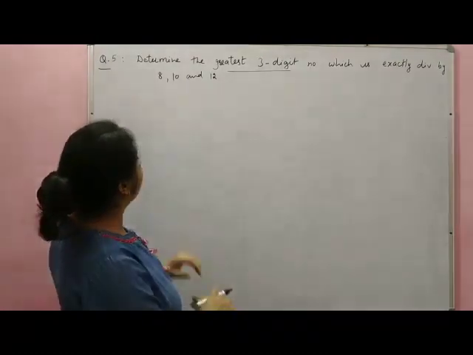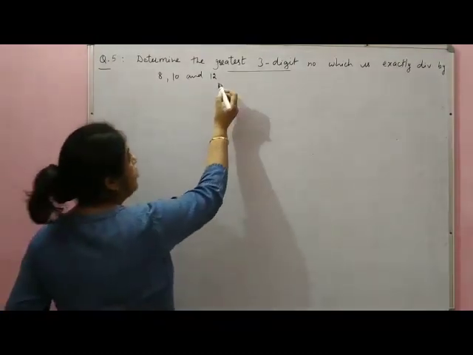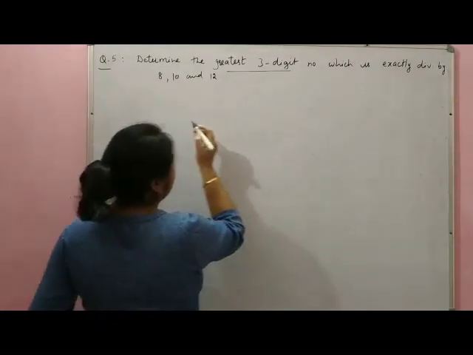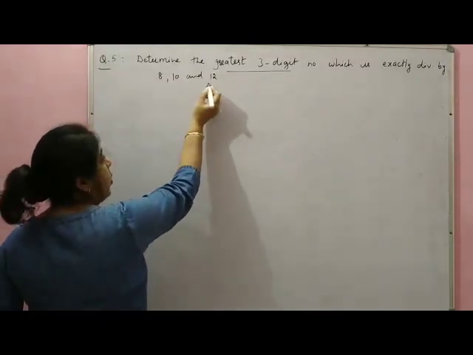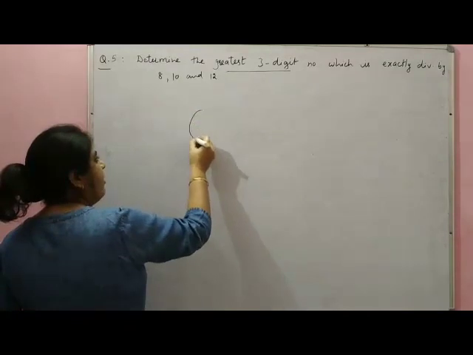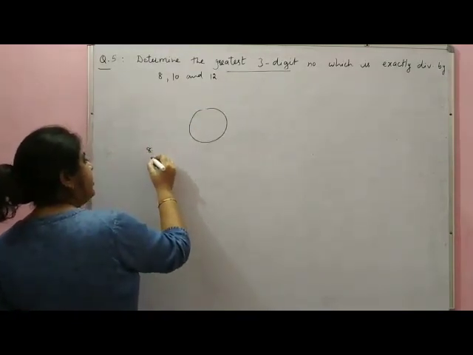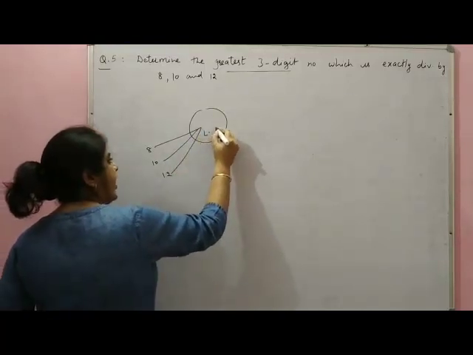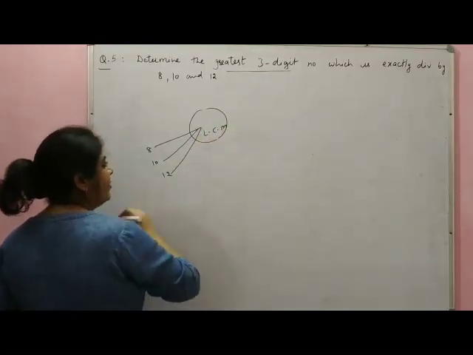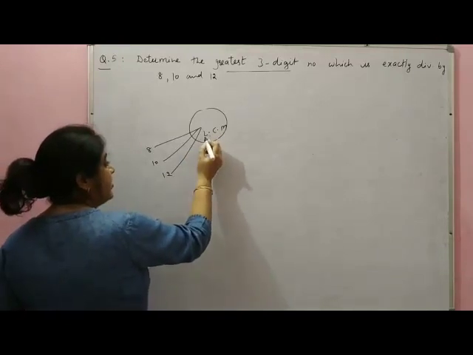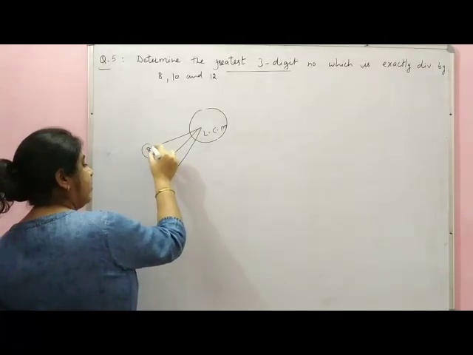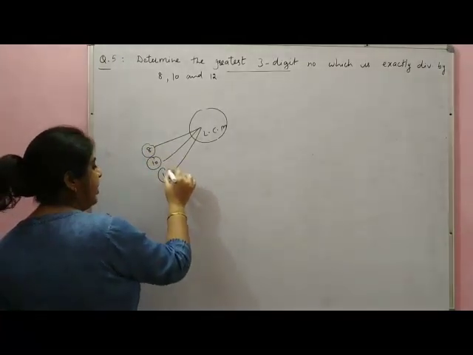Students, we are here with this question that we have to find the greatest 3-digit number which is exactly divisible by all 3 numbers. We have already discussed that LCM, the least common multiple, is a number which is exactly divisible by all three numbers.